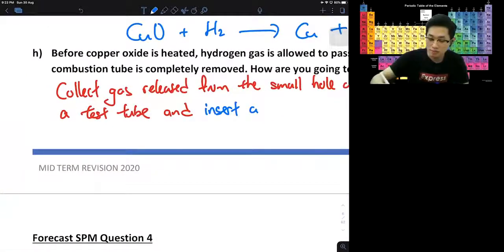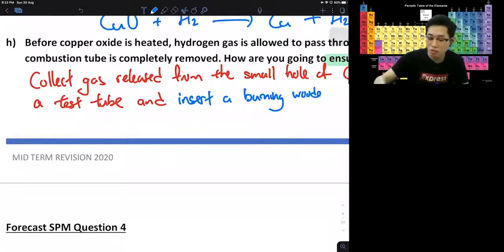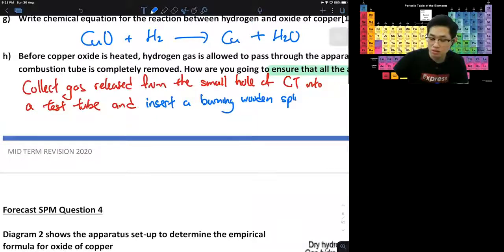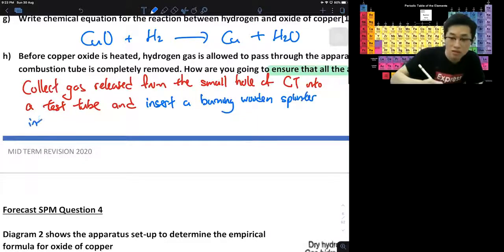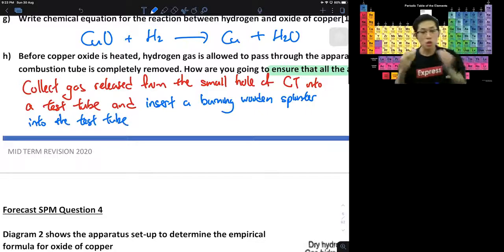So what you will do is you will insert a burning wooden splinter into the test tube. Usually the burning wooden splinter to test hydrogen gas will be placed at the mouth of the test tube, but this is the only one that you have to insert into the test tube.